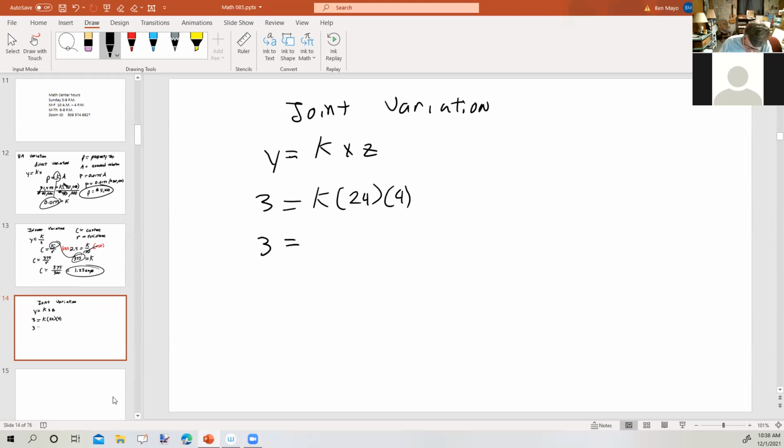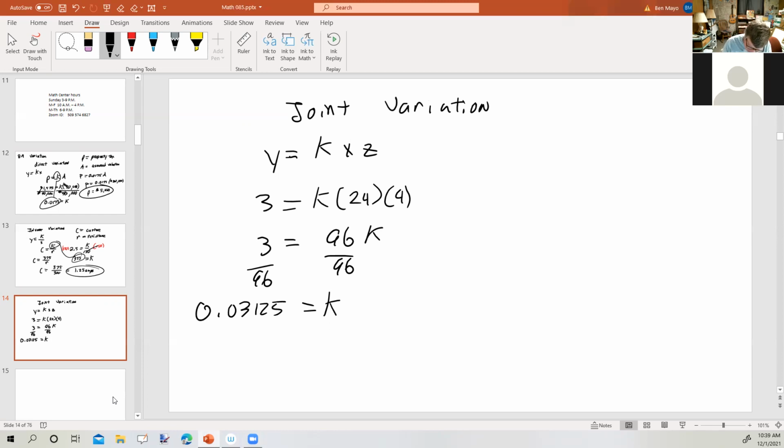So 3 equals 96k, 24 times 4. Divide by 96, k equals 3 divided by 96. We get a really long, awful decimal, but it's still exact, 0.03125.